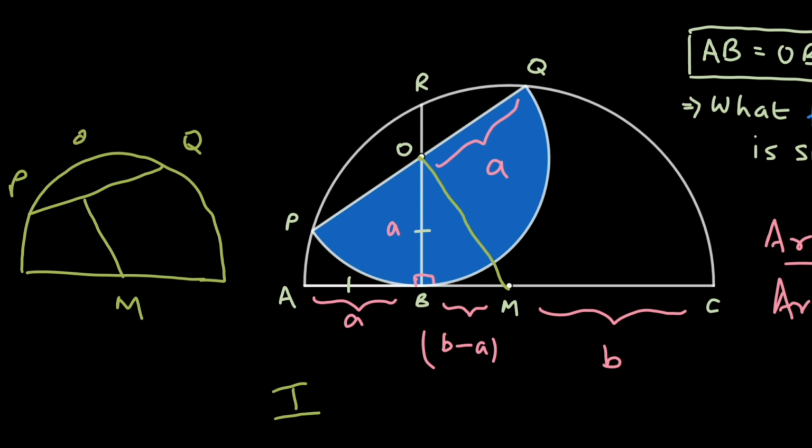Okay. Now as PQ was the diameter for this semicircle and O was the center, the distance OP is equal to the distance OQ. So OP is equal to OQ. Now what if I join the line segments P and M and Q and M? So PM and MQ are equal because they are the radius for this bigger semicircle, center to the circumference. Okay.